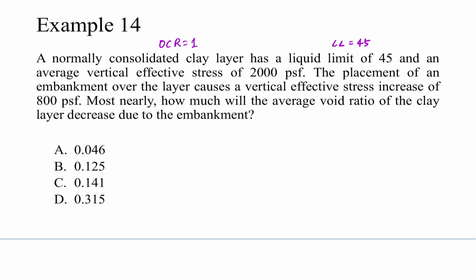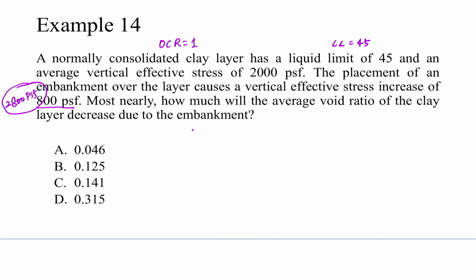And we have the placement of an embankment so that the vertical effective stress increases by 800 PSF. So now we're talking about 2,800 PSF. This is the total amount that the soil is experiencing. So it's asking for the void ratio decrease due to the placement of the embankment.